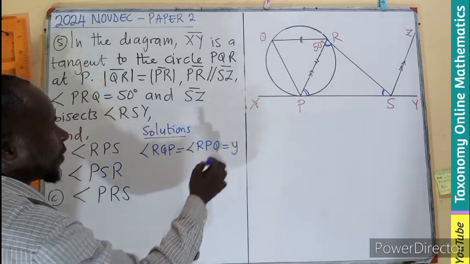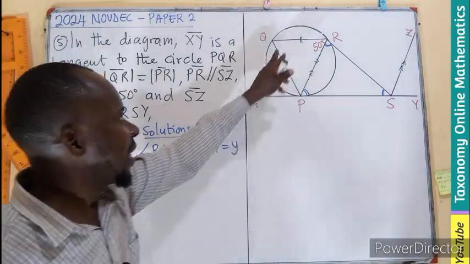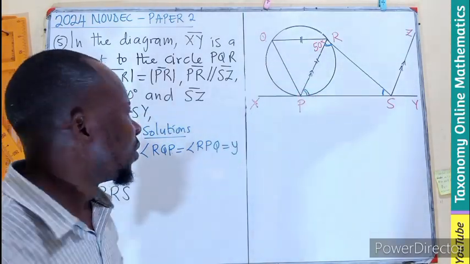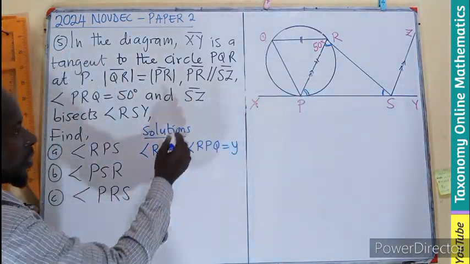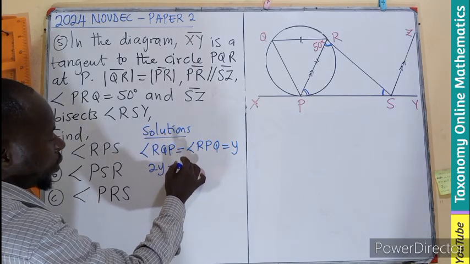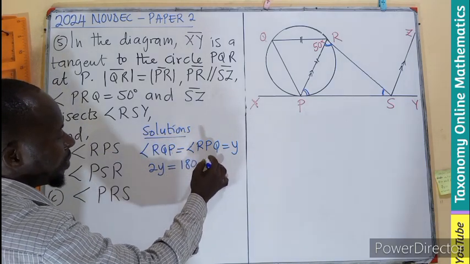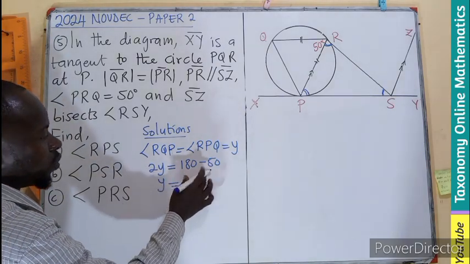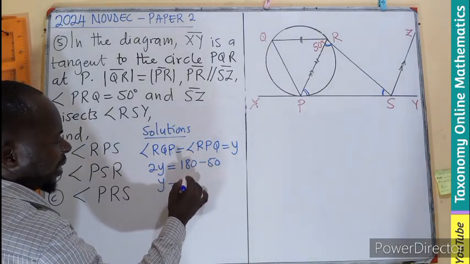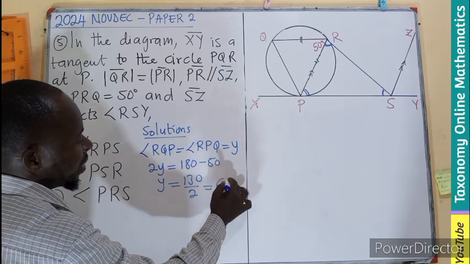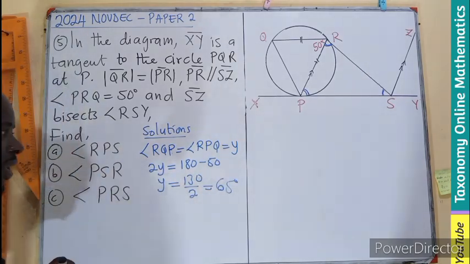Let me just use y. So this angle and this angle will be the same. So I can say that 2y will be equal to 180 minus 50. And that means y equals, what do we have here? 130 divided by 2. That will give us 65 degrees.